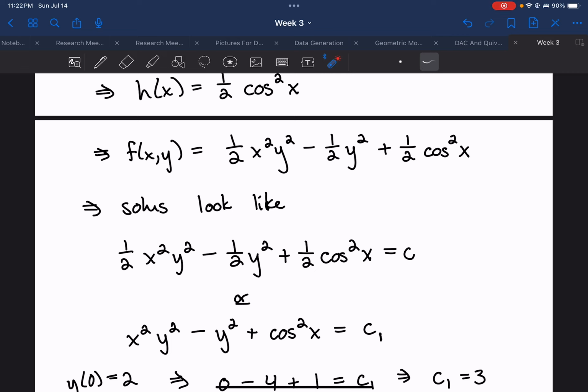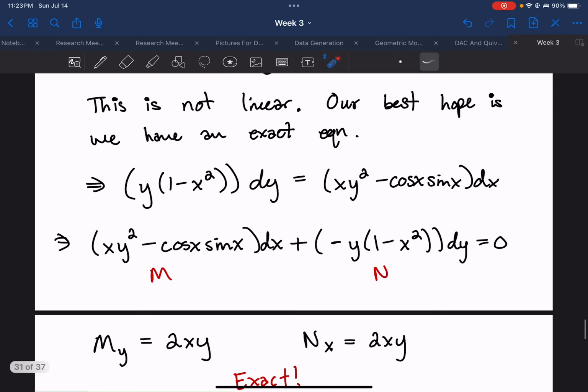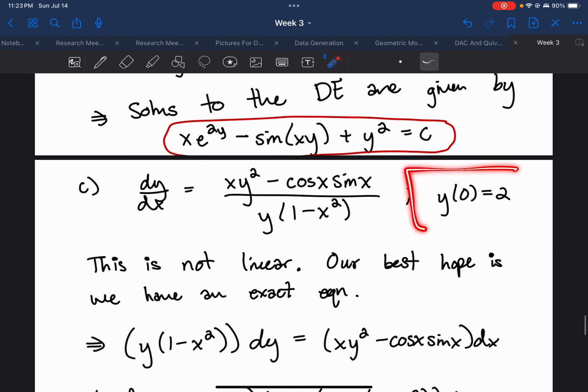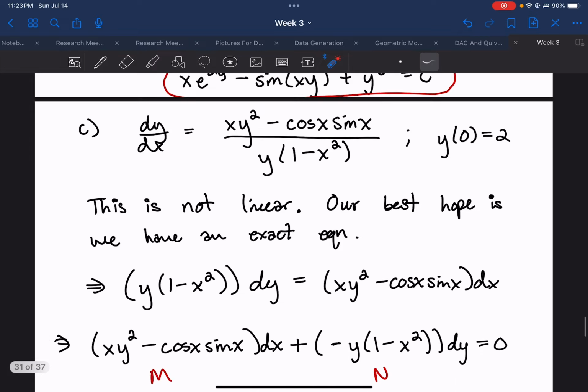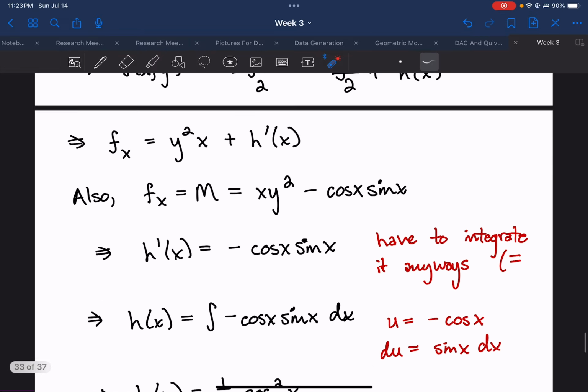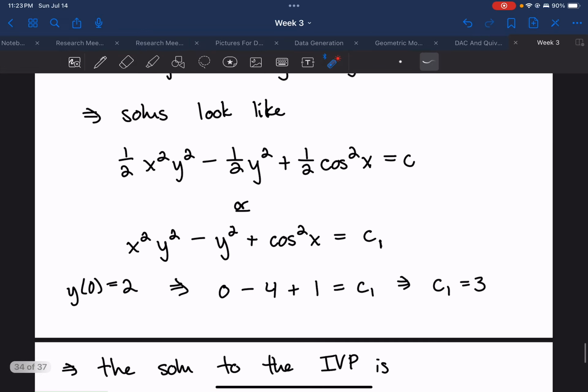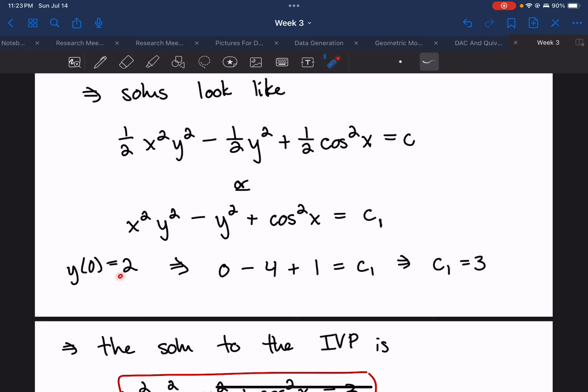Normally, we'd be done, but since they gave us an initial condition at the beginning of the problem, we should solve for C. So we invoke our initial condition. Since y of 0 equals 2, I plug in x equals 0 and y equals 2 everywhere.